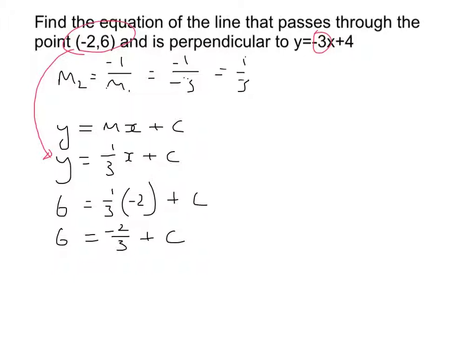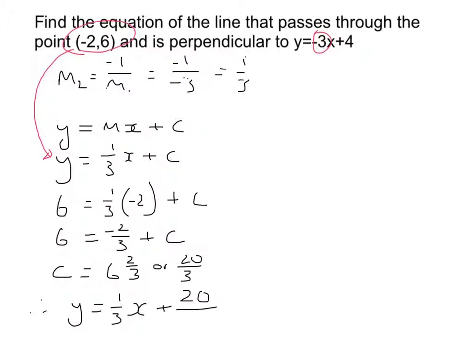That will mean if we add 2/3 to both sides, that c will equal 6 and 2/3, or that's 20/3. So therefore our equation becomes y equals 1/3 of x plus 20/3.